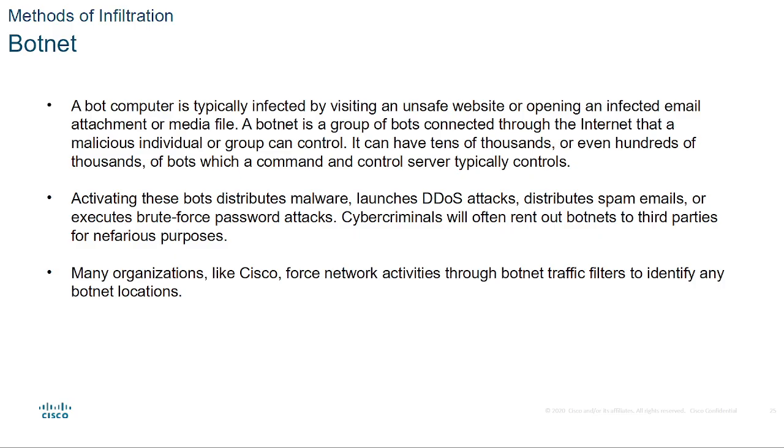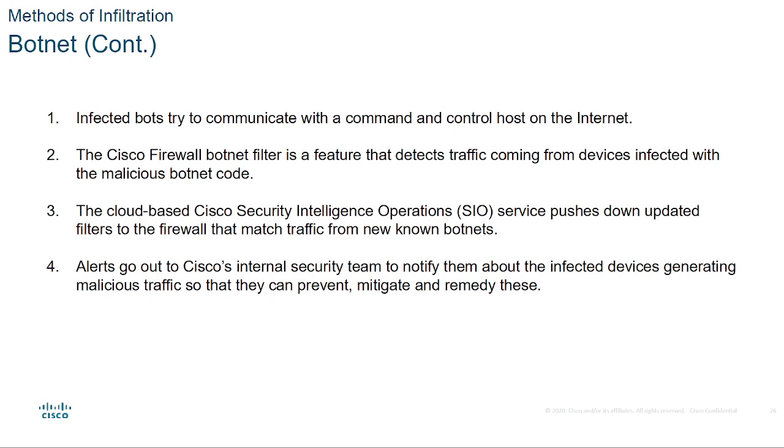Many organizations like Cisco force network activity through botnet traffic filters to identify any botnet location. Infected bots try to communicate with a command and control host. The Cisco firewall botnet filter is a feature that detects traffic coming from devices infected with malicious botnets.